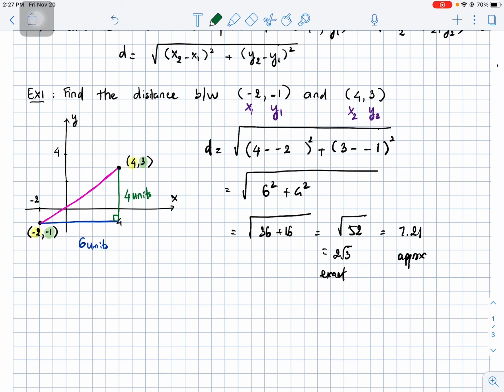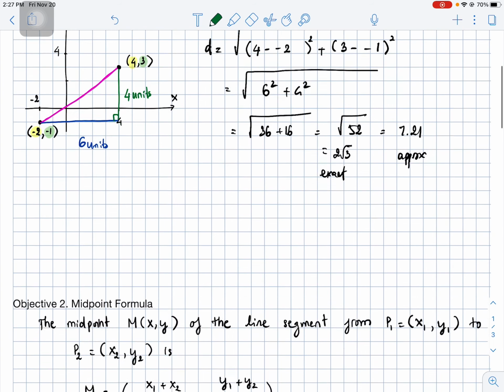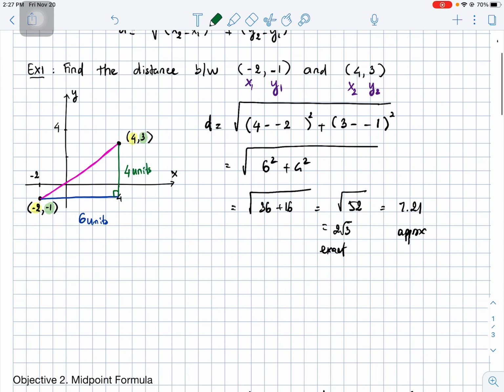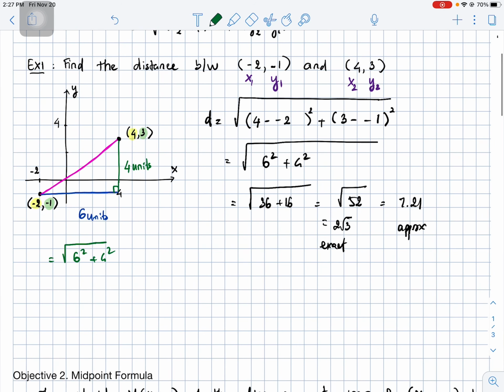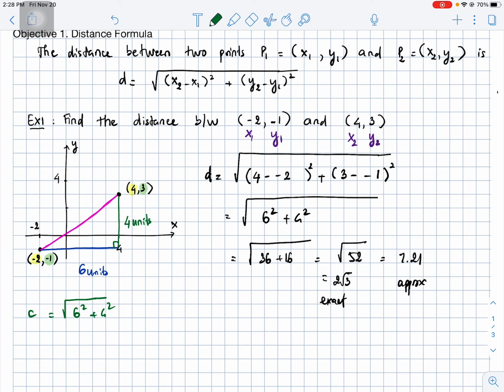The pink is the hypotenuse, so the hypotenuse is the square root of 6 squared plus 4 squared. That is c squared equals a squared plus b squared, and to find c, we take the square root of a squared plus b squared, and we get the square root of 52, which is 7.21. So that's why we have this formula. They just take the distance between the 2 x's and between the 2 y's, and then square the difference between the x's and the y's.